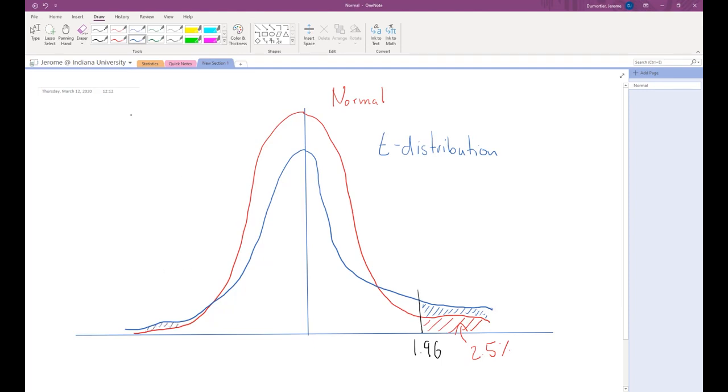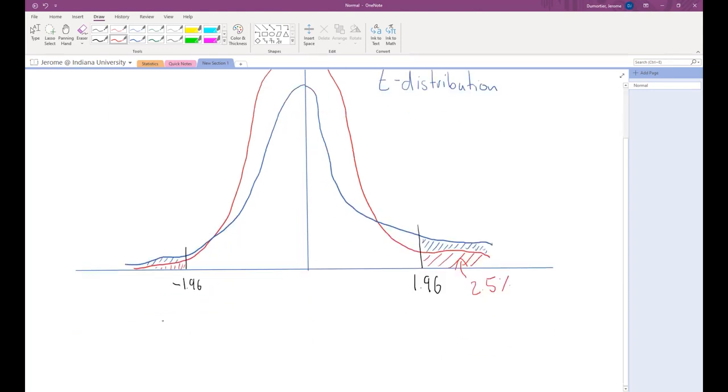So for a given value, say if this is negative 1.96, then for the normal distribution we have 2.5% in this area here, but the t-distribution for the same value actually has a higher probability, or much more area in this area here.